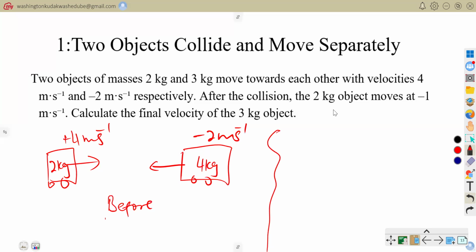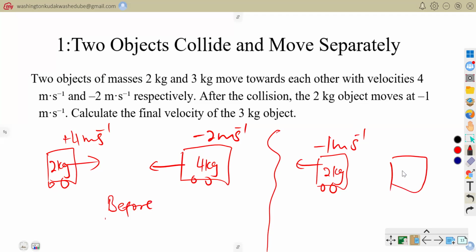After collision, the 2 kg object moves at negative 1 meters per second. So the 2 kg object is now moving in the opposite direction to where it was moving, because now it is moving at 1 meter per second in the negative direction. And then we do not know what happens to the 3 kg block.